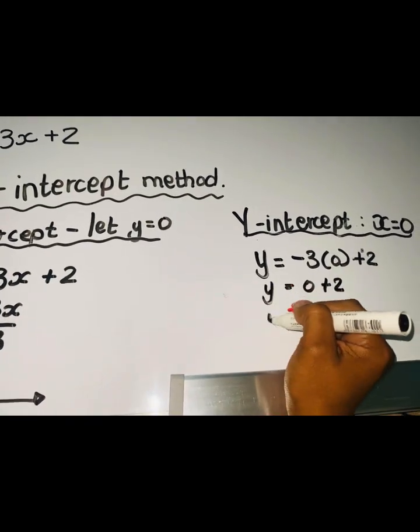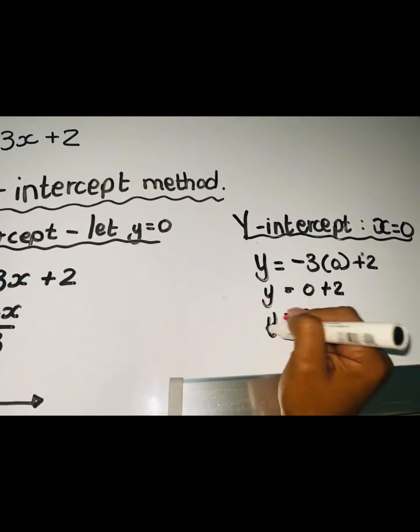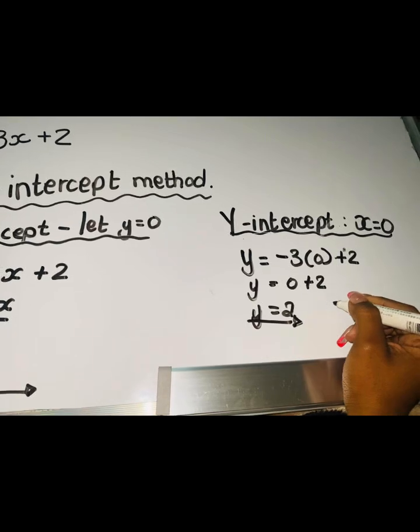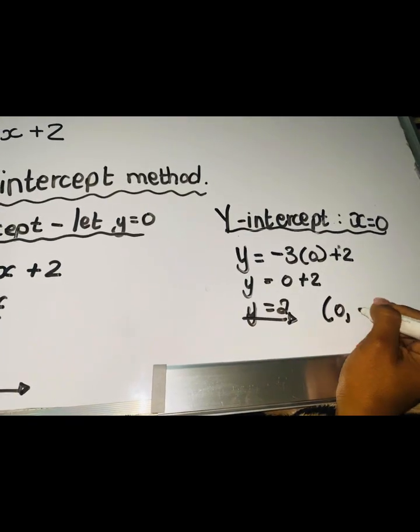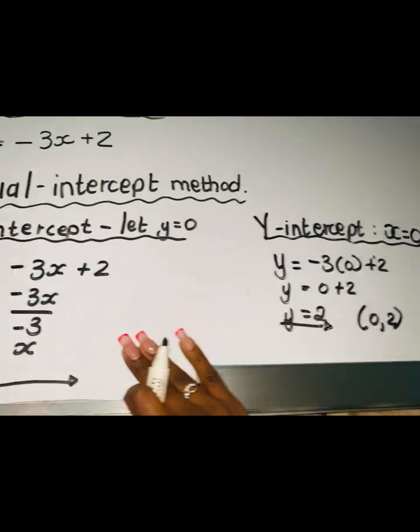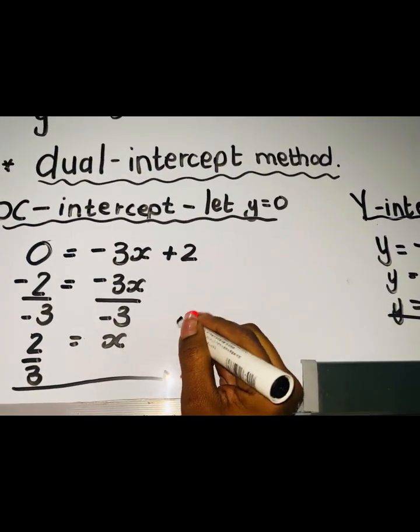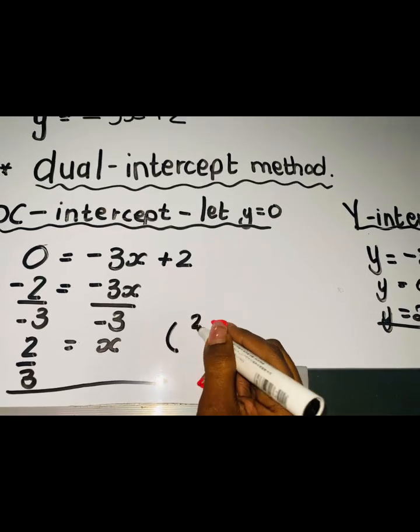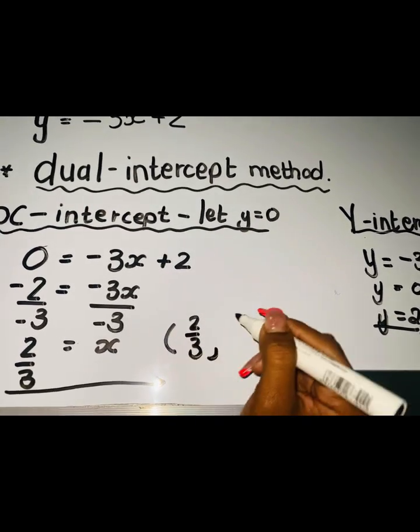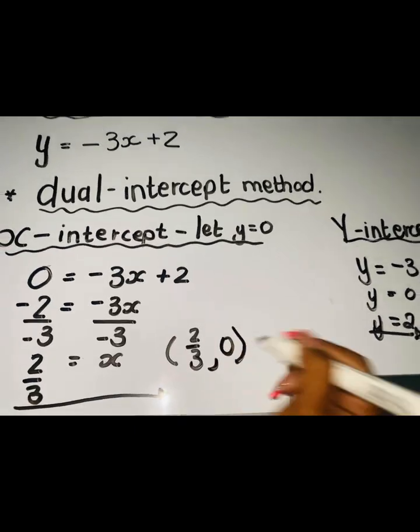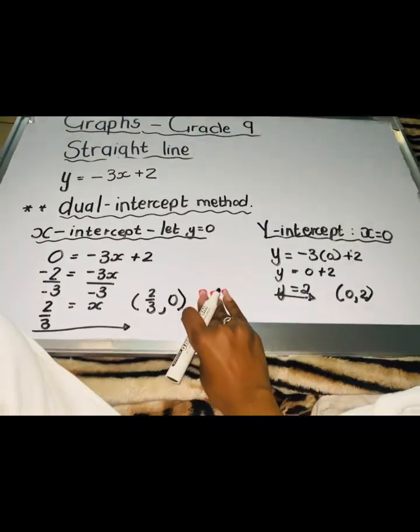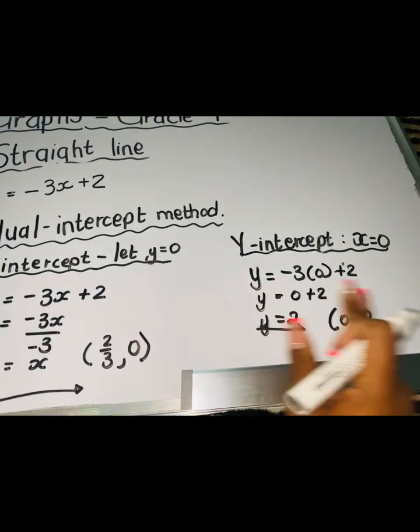Our y-intercept is equal to 2. Now we need to write our points. For the first, we're going to write (0, 2), and for our other point, it's going to be (2/3, 0).